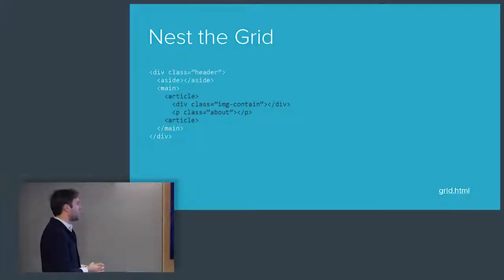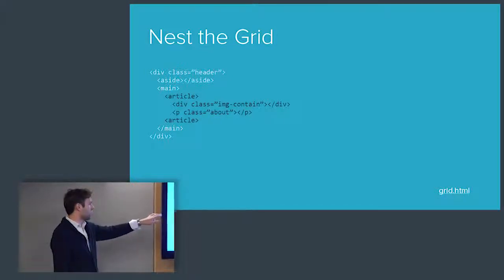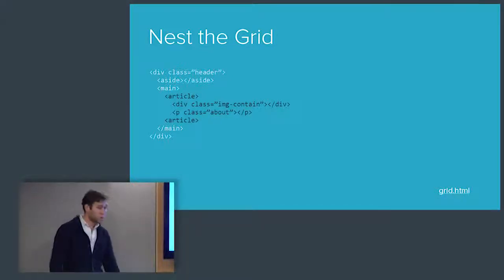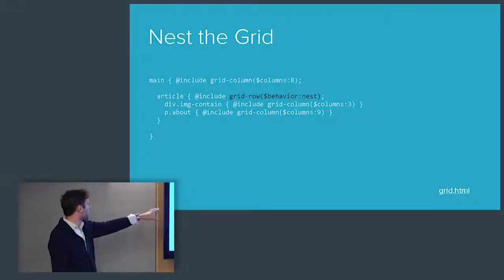So inside of main content, we might have an article, for example. We might have a div or a paragraph or something like that. And we want the article to be a row with 12 columns in it. So what we can do with Sass is, we have our main which is 8 columns wide.